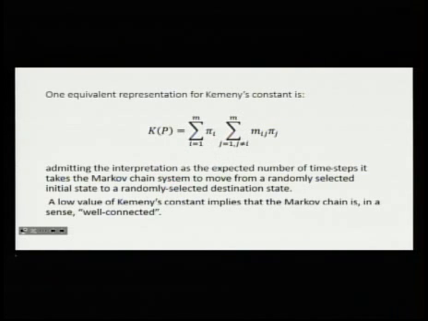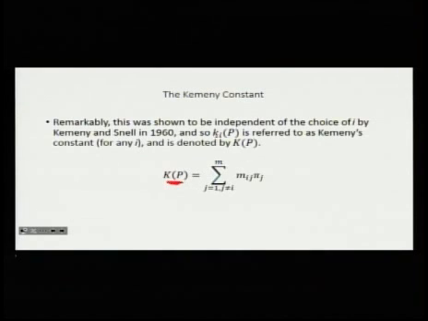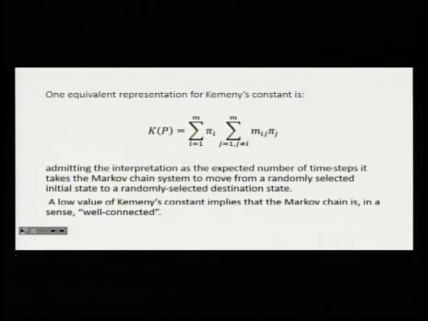Okay, and so the Kemeny constant has several representations. In the previous one, we were given a vertex i, and then we had a random destination point j. But you can also play the game where you randomly select your starting point and also randomly select your destination point.